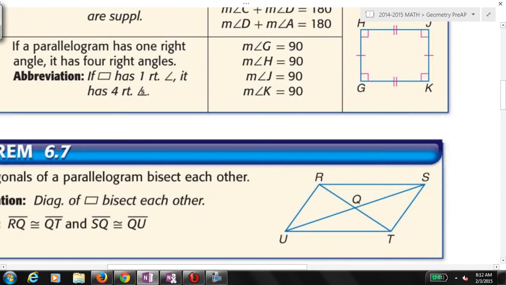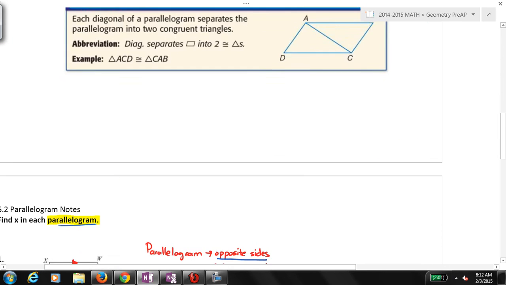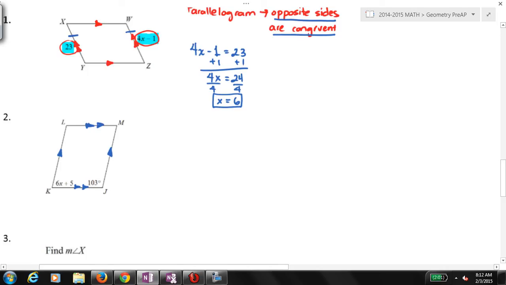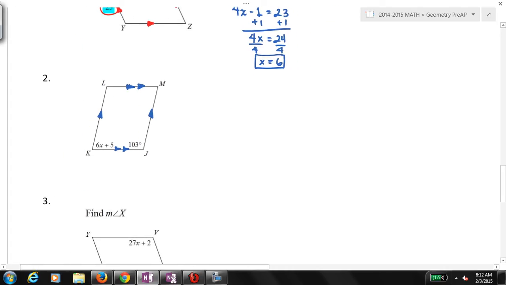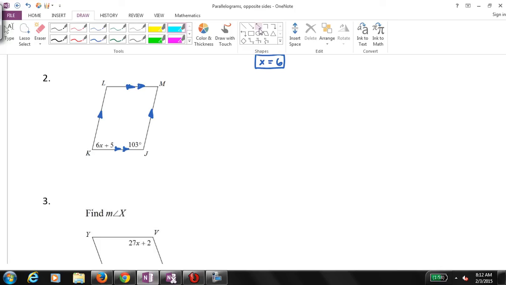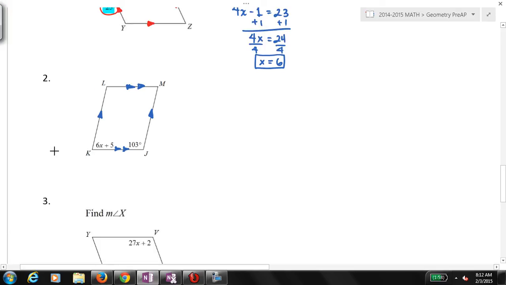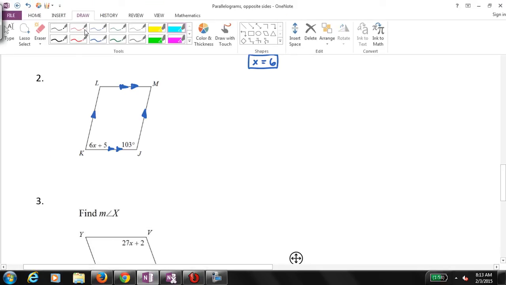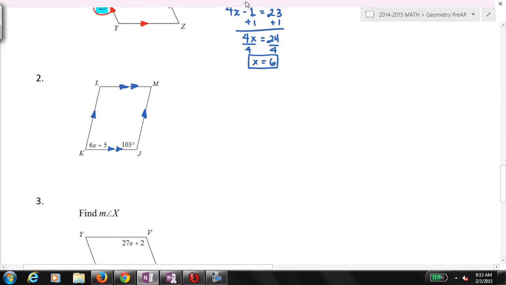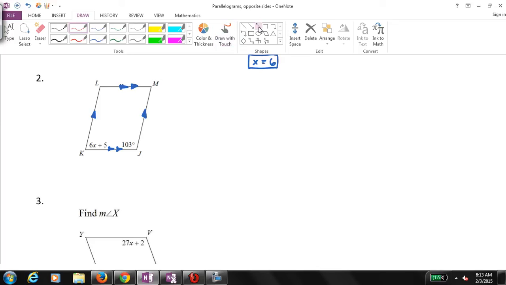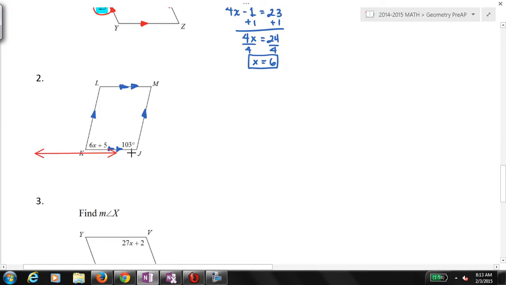It has to do with the parallel. So let's go back to example 2 and let's try to figure out why are consecutive angles supplementary, or why do they add up to 180?